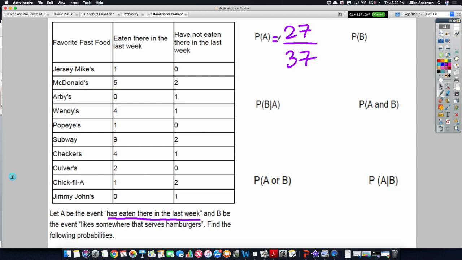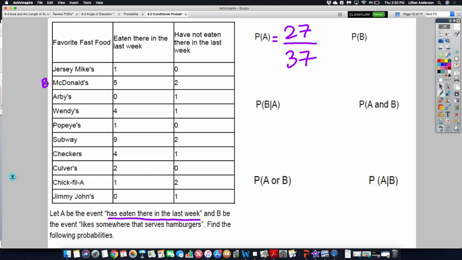Let's find the probability of B, the event that someone likes somewhere that serves hamburgers. Let's make sure we all know which places serve hamburgers. Does Jersey Mike's serve hamburgers? They sell subs. McDonald's, yes, they serve burgers.